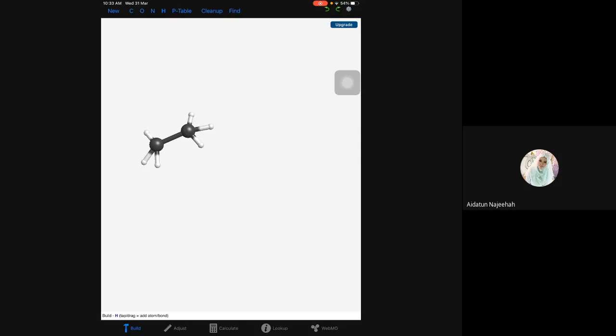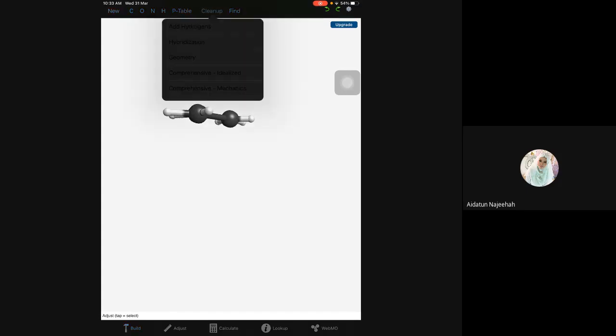Once you draw, you have to correct the orientation, because if it is like this, this is not the correct geometry. So what you do, for example, if you use this WebMO, you just press clean up, then select geometry.